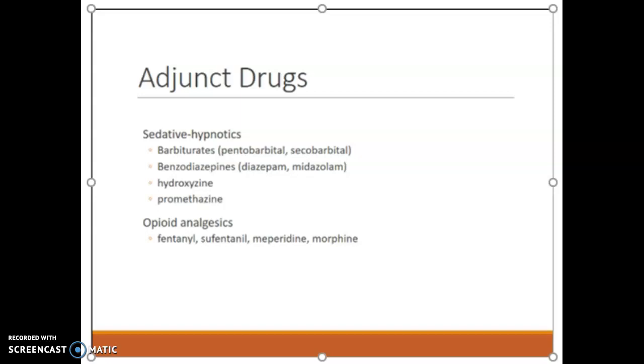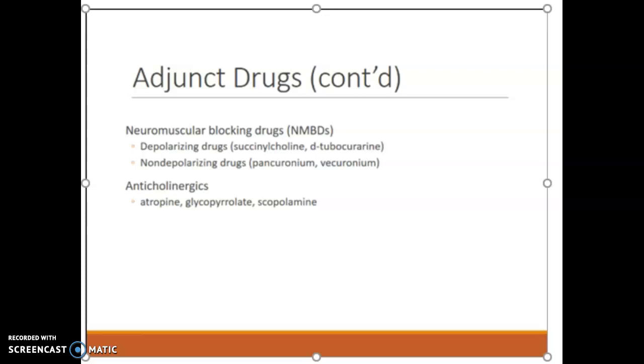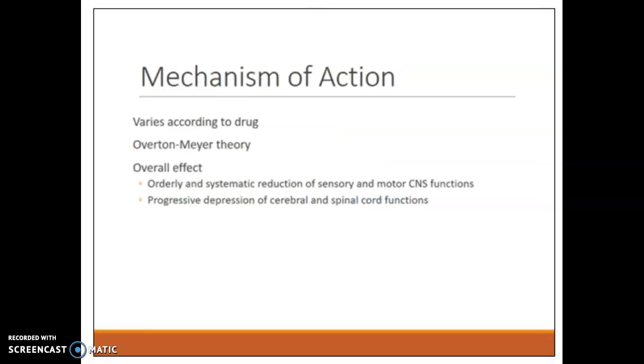There will also be sometimes that they'll use sedative hypnotics or anxiolytics and other medications for adjunct therapy. We'll also use the neuromuscular blocking agents or neuromuscular blocking drugs, the depolarizing ones, as well as the non-depolarizing. Our anticholinergics: atropine, scopolamine, glycopyrrolate is also used, and they are used primarily to help dry up some of the secretions, but they do have a synergistic effect.